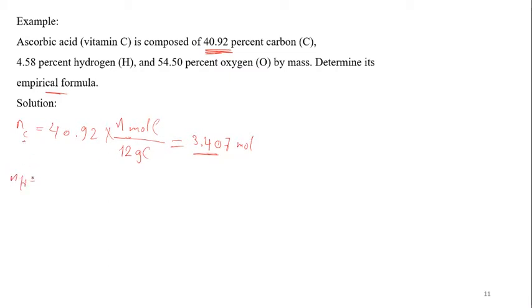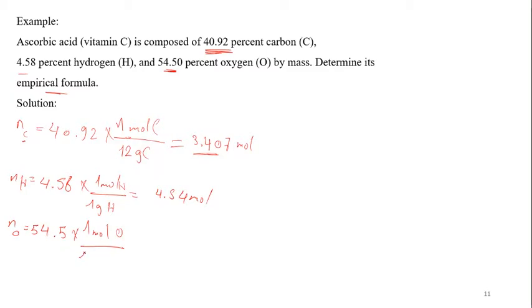For hydrogen, the number of moles would be equal to the percent composition of hydrogen, which is 4.58, multiplied by, if 1 mole contains 1 gram of hydrogen, this means the number of moles would be equal to 4.54 moles. The number of moles of oxygen would be equivalent to the percent composition of oxygen, which is 54.5, multiplied by 1 mole of oxygen has 16 grams of oxygen.